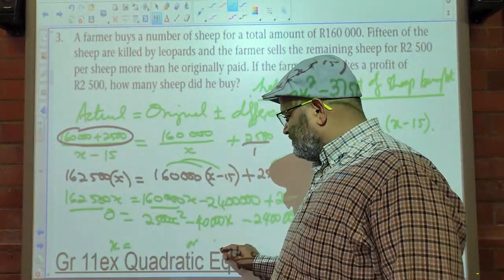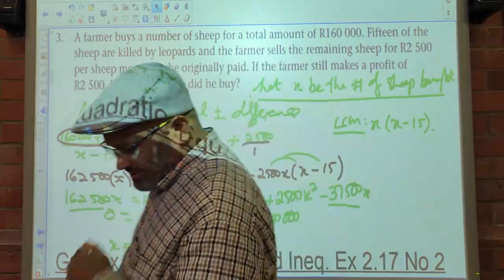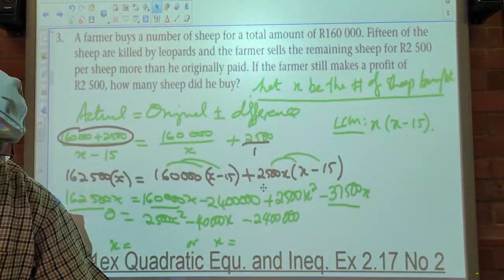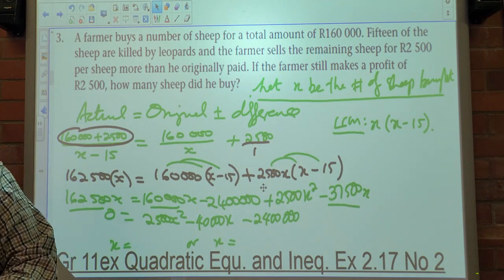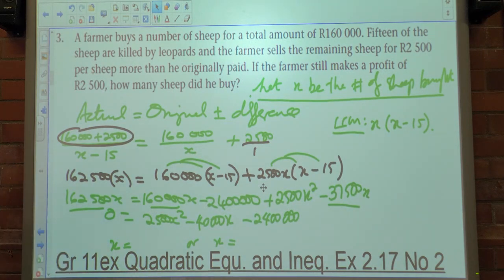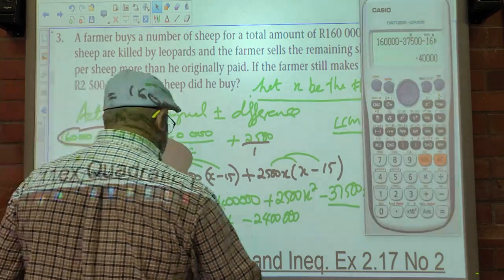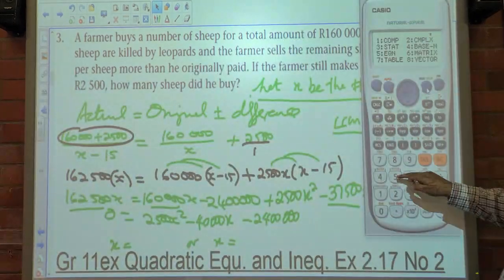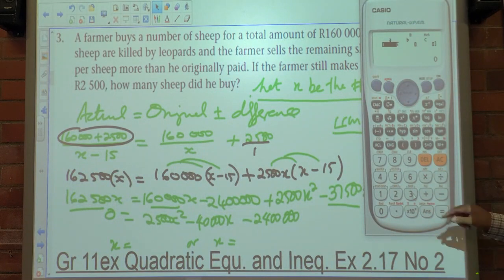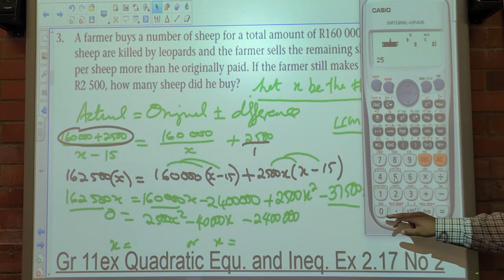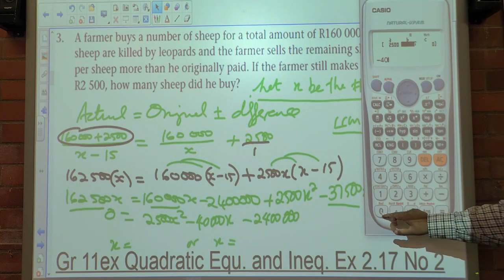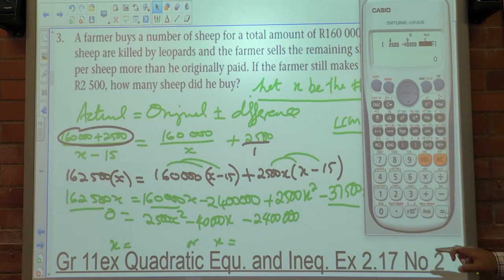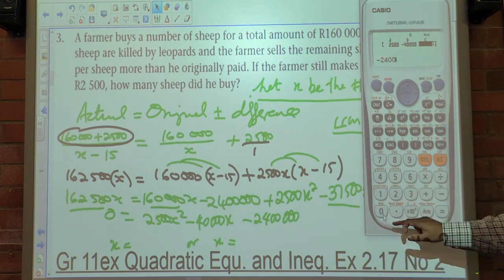X is equal to one of two values, of course, because it's quadratic. 2,500, and then negative 40,000, and then negative 2,400,000.